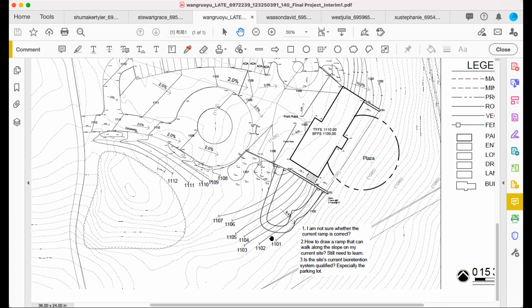I'm not sure whether the ramp is correct. So the ramp is not graded yet. The site's current bioretention, especially the parking lot. Let's see. Well, Roy, are you here? Yes, Professor, I'm here. Okay.